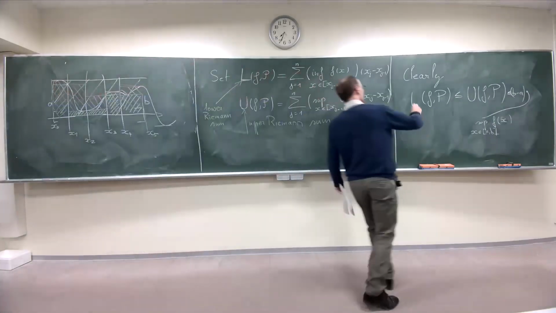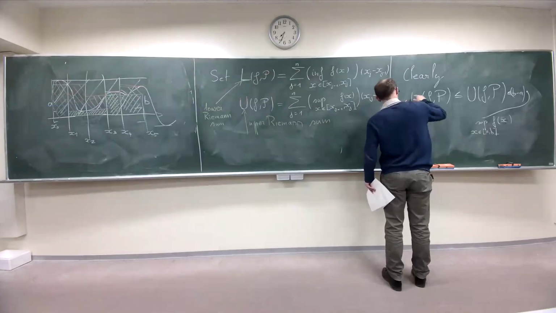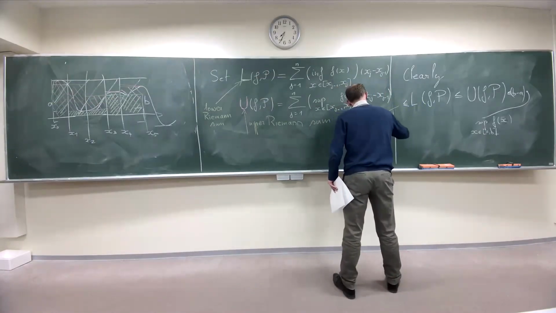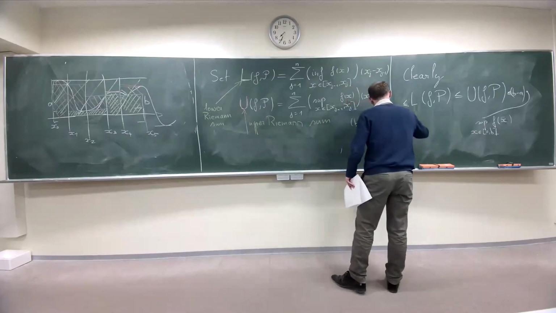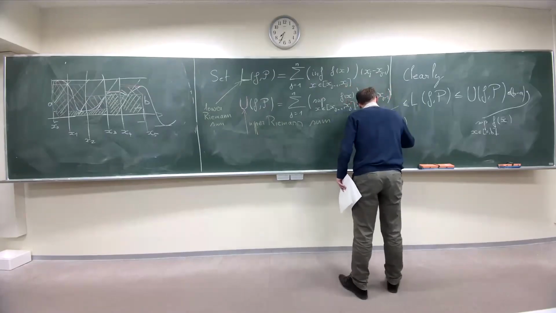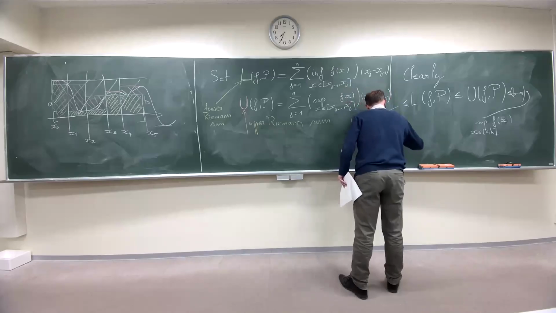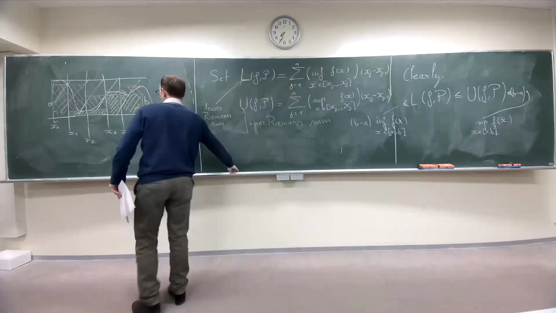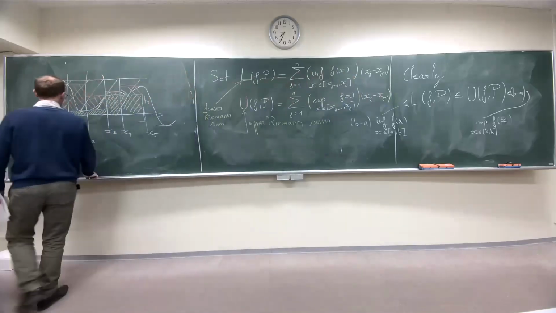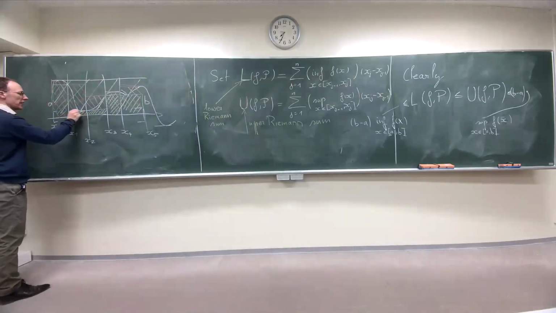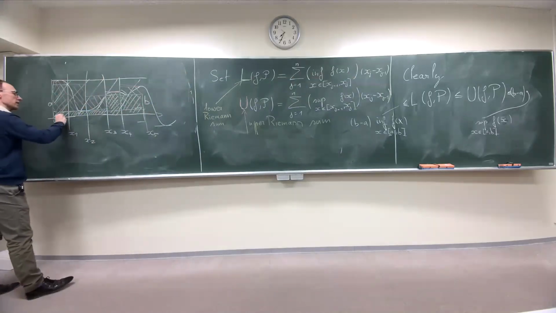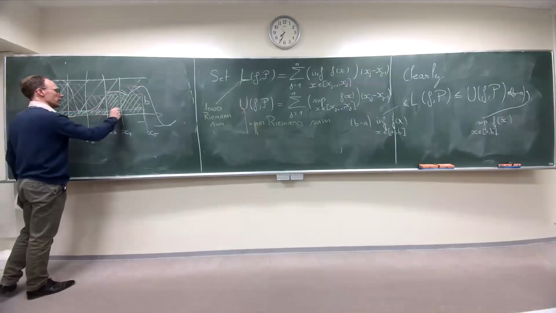On the other hand, here it is bigger than b minus a times the infimum of f of x for all x inside AB. In my initial picture, the minimum value of the function is here. So this left-hand side would be this rectangle here.